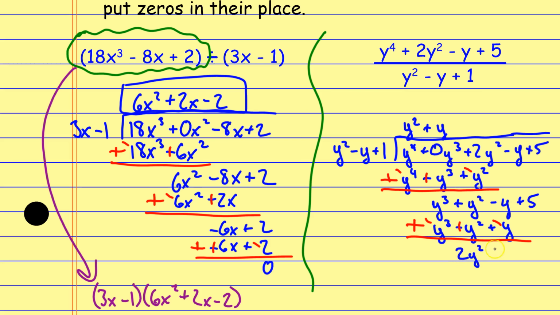That ends up being a minus 2y and a plus 5. And now I start the process over. I say this has to be a 2. I multiply using my distributive property. And now I subtract. Again, that's the same as adding the opposite.